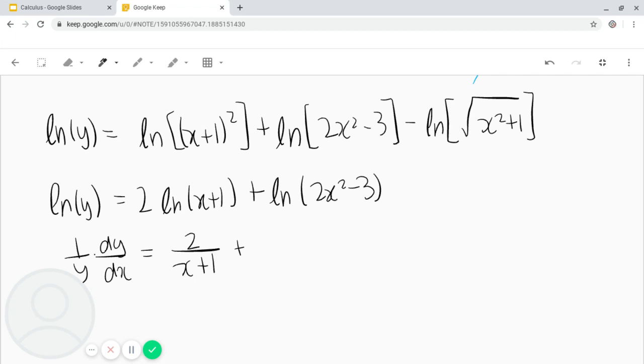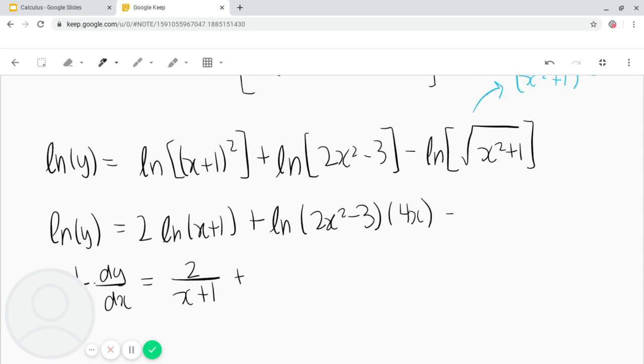So, of course, for 2x squared minus 3, the derivative is 4x, and then use the chain rule here as well.